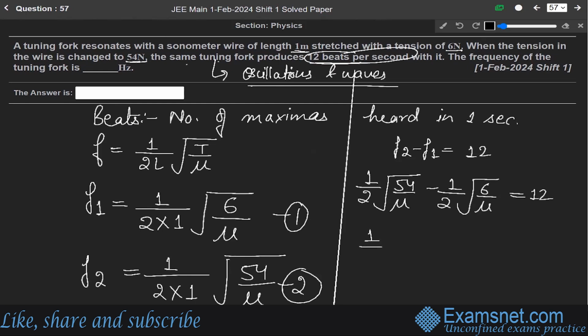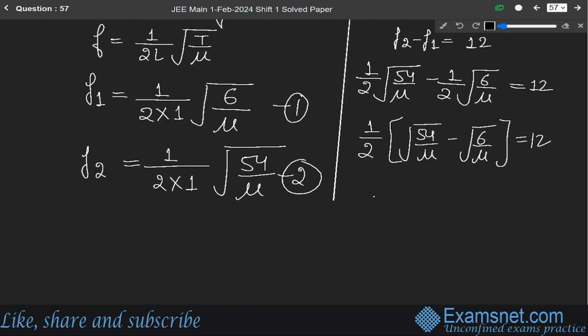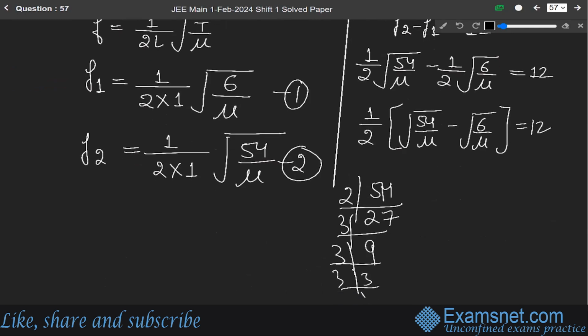So taking 1 over 2 common, under root of 54 over mu minus under root of 6 over mu is equal to 12. And under root of 54 over mu means, 54: 2 twos are 4, 1 5, 2 7s are 14, 3 9s are 27, 3 3s are 9, 3 1s are 3, means 3 root 6.